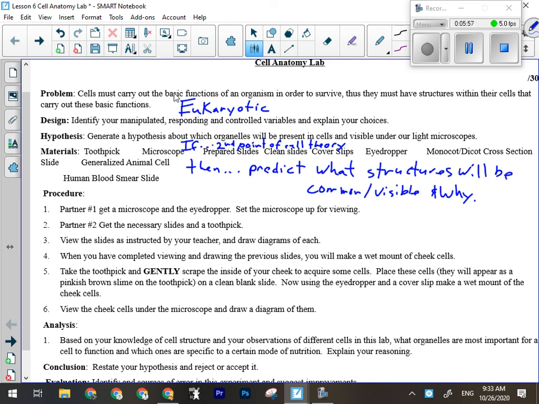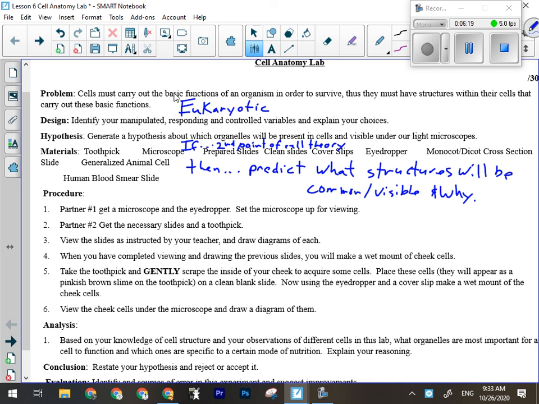Now you have to be realistic. If you're telling me that ribosomes are going to be visible under the microscope, that's not a hypothesis you're going to be able to accept later. Ribosomes weren't discovered until the advent of the electron microscope, so you ain't seeing them. Not with what we've got. But you should be able to see some of the more obvious, larger ones.